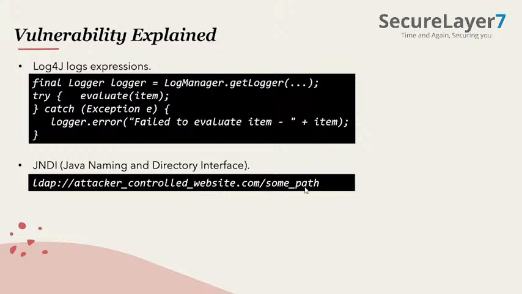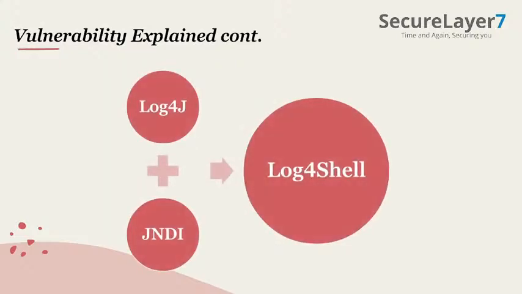From this particular URL, an attacker can serialize any object, right? These two components are not vulnerable in themselves, but when they are merged together, the Log4j expressions and JNDI, it creates Log4Shell. Now you might be wondering how this could be possible, right? I will explain why.